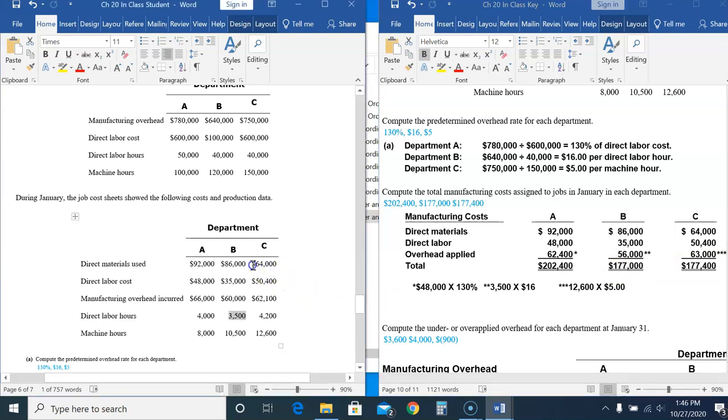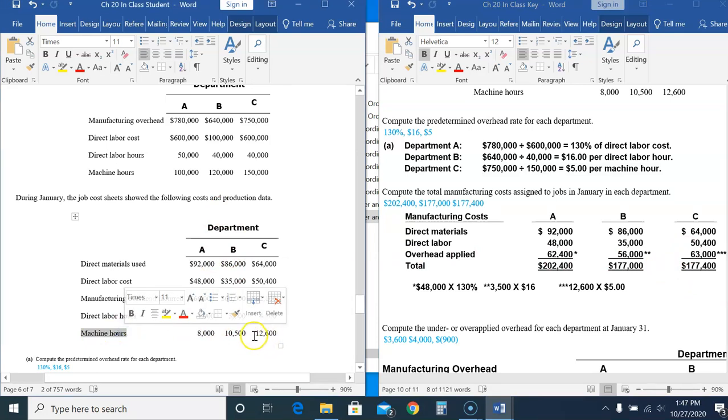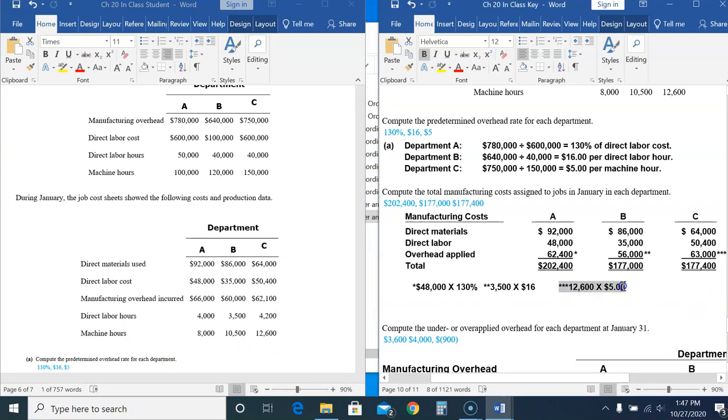For Department C, total material cost, total direct labor cost, along with the allocation of $5 per machine hour for overhead. Machine hours in Department C were 12,600 times our predetermined overhead rate of $5 per machine hour gives me overhead applied of 63,000. Total manufacturing overhead cost of 177,400.